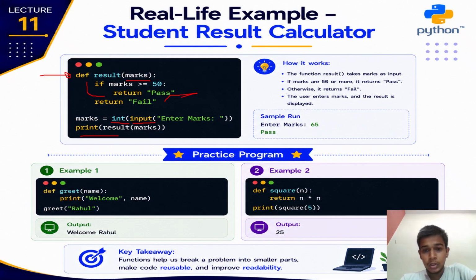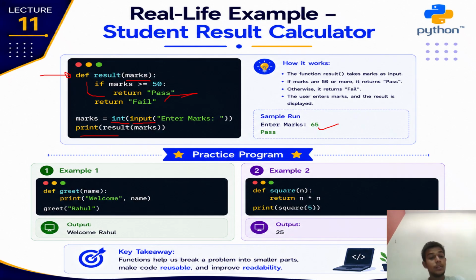Now, suppose the user enters 65. Since 65 is greater than 50, the condition becomes true, so the function returns pass. And imagine if the user entered 35, the function would return fail. This is how functions help us make decisions in a program.